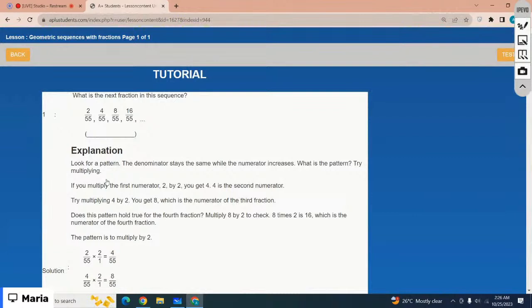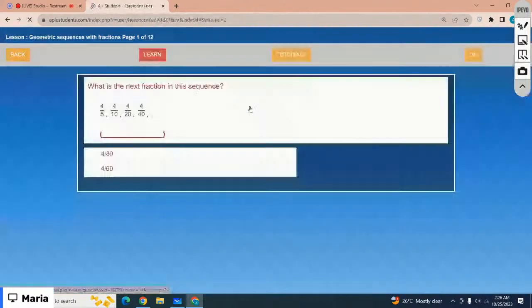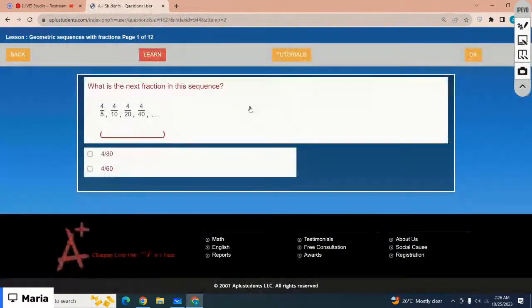Okay, let's just start with the practice questions. 4 by 5, 10 by 10, 4 by 10, 4 by 20, 4 by 40, which is the next one in the sequence.